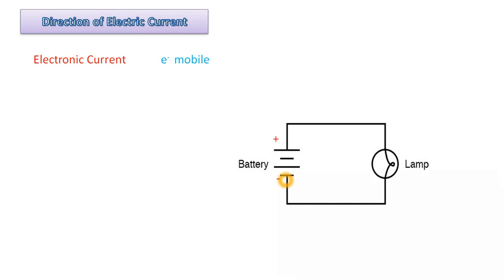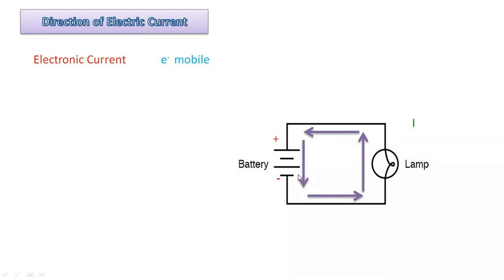Because the negative terminal is negatively charged, so it has ample negatively charged particles, electrons. So once the circuit gets completed, this is how the electrons will flow. This is the direction of flow of electrons, flow of current, I.